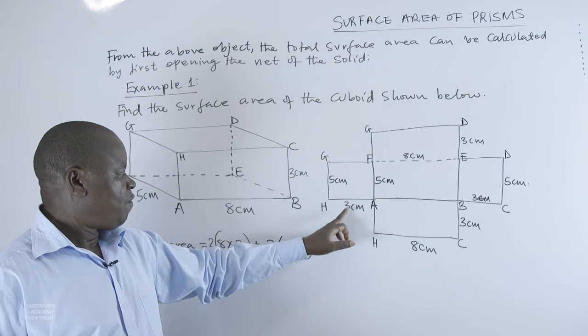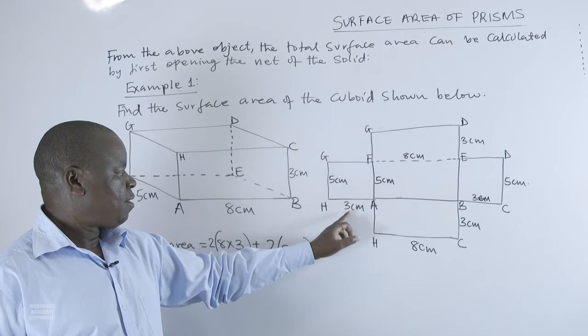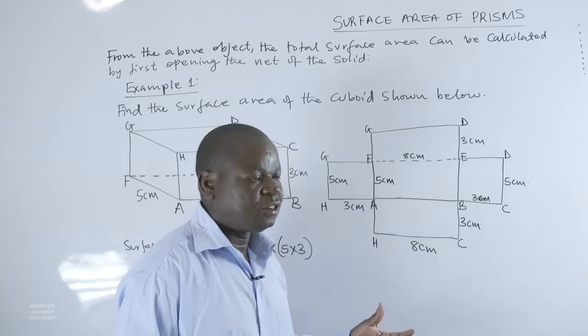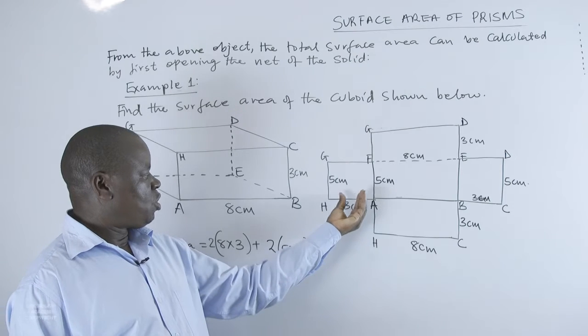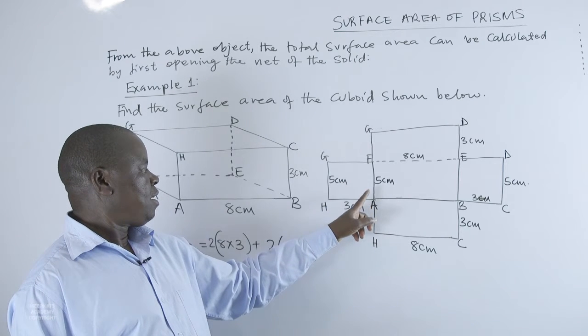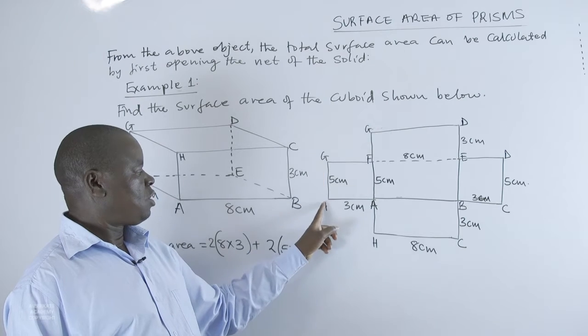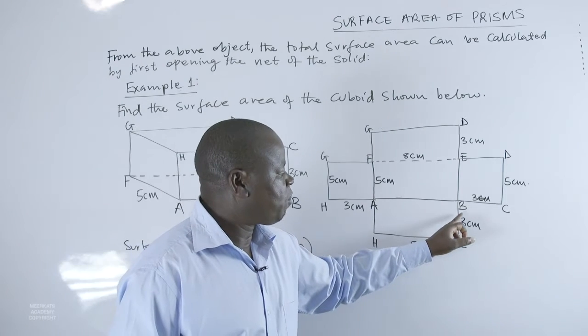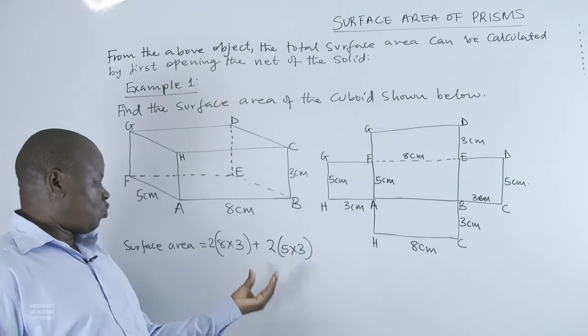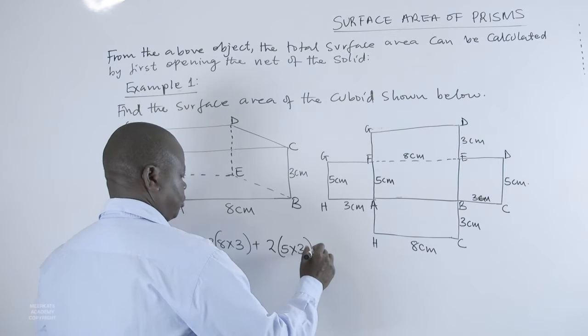Plus 5 times 3, and we have two such planes. There's another one here. So there are two. So if you find the area of this plane AFGH, it is similar to another plane BCDE. That's why we are multiplying by 2.